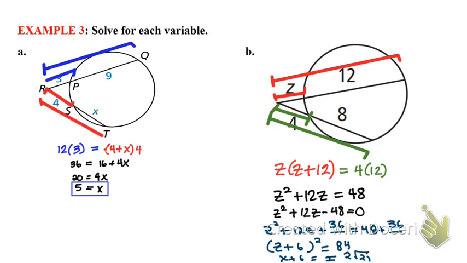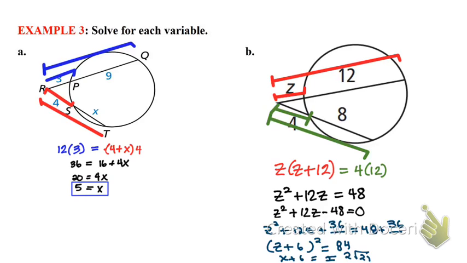When we take the square root of 84, we need to put our plus or minus. So we're going to have plus or minus the square root of 84, but 84 contains a perfect square factor, so we have to simplify by factoring out the 4. The square root of 4 is 2, so we're going to write 2 outside of the radical times the square root of 21.